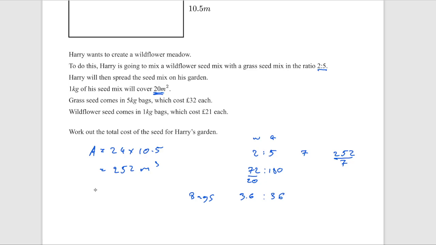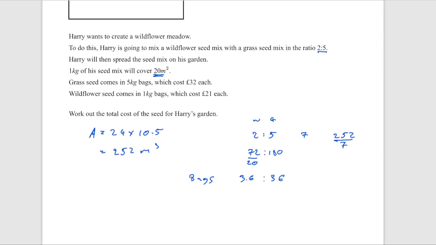So my final step then is just to multiply those by the price. So we can't buy 3.6 bags of wild seed, so we're going to have to buy 4 bags.